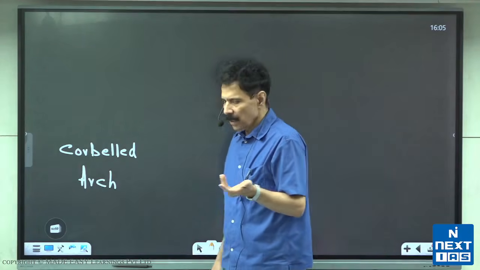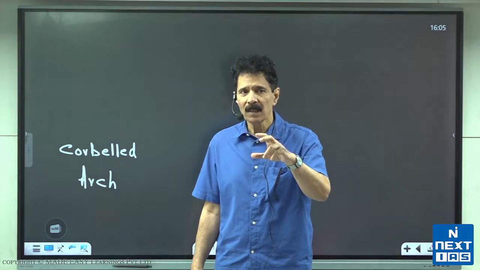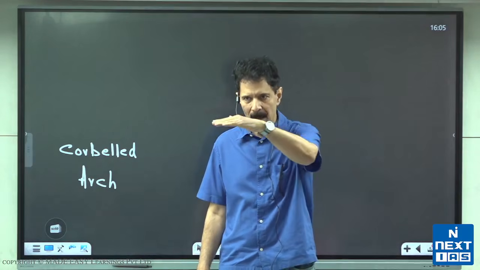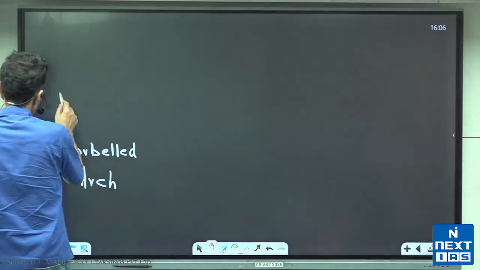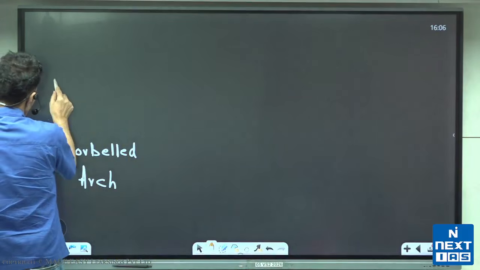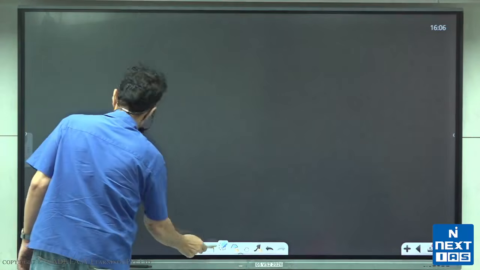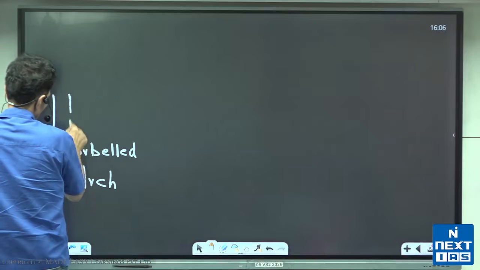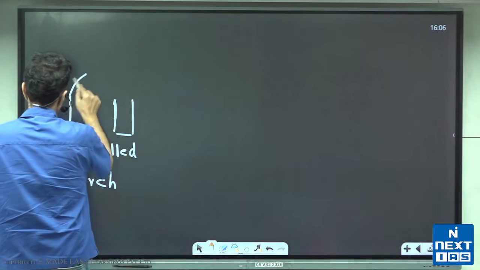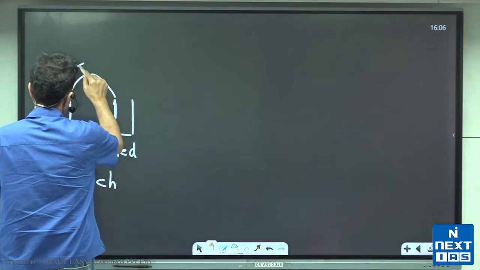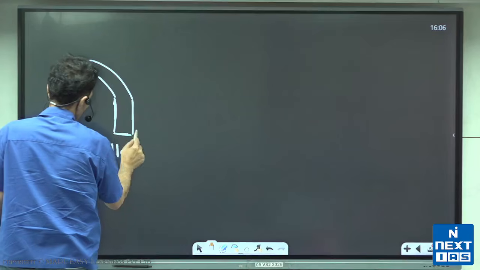Corbelling is placing or putting pieces of stones or bricks in a horizontal course, and creating an arch. I'm making a rough diagram of an arch.